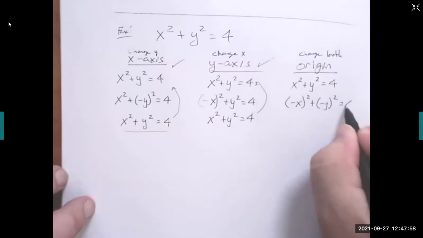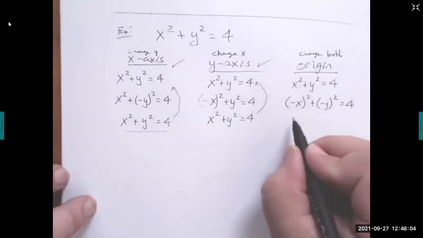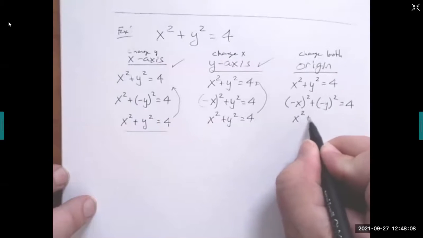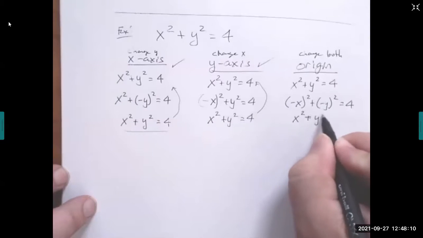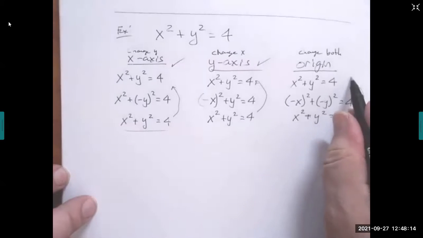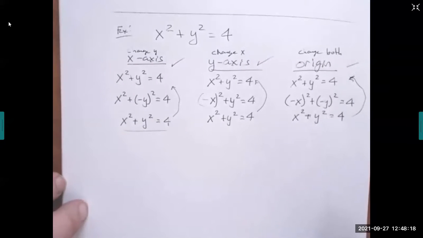And across the origin, change both of them. So negative x squared is the same thing as x squared. Negative y squared, same thing as y squared. So it's symmetric across the origin also.